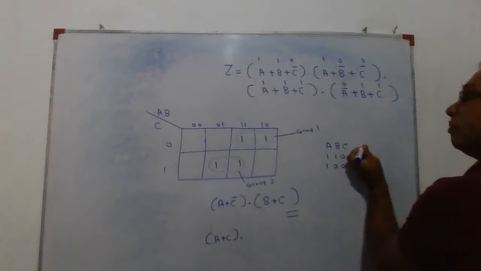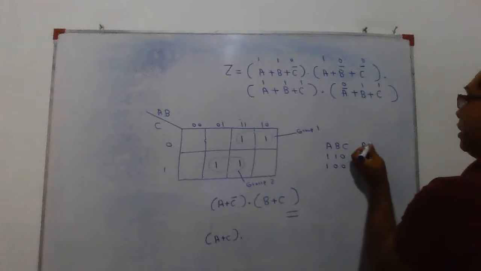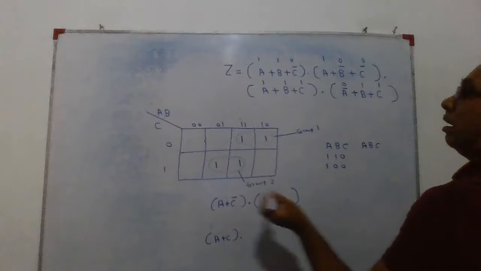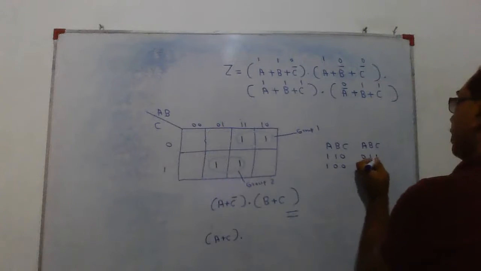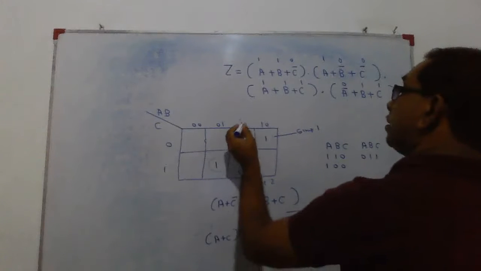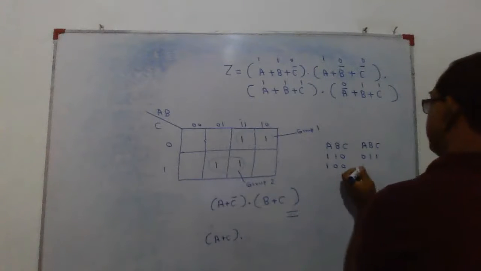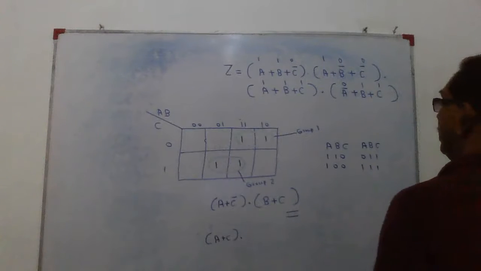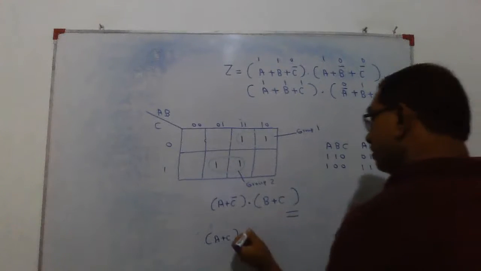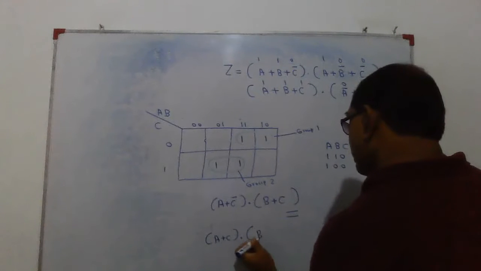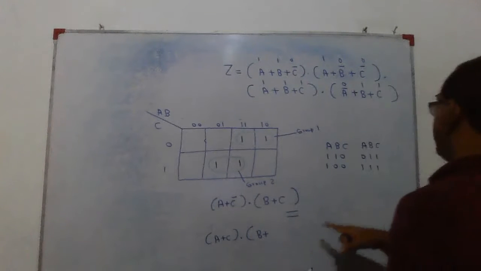And for the second group, I come to the second group. Maybe C. What about the values? 0, 1, 1. So we say 0, 1, 1 here. For the second one, 1, 1, 1. Now it is very clear I am unable to take A, but I can take B. So I say B. It should be O because of POS.